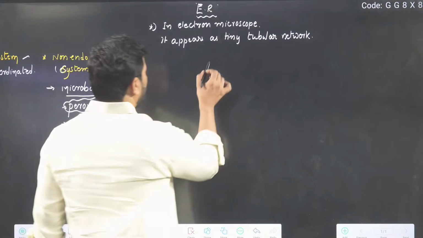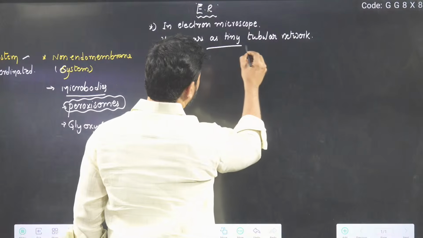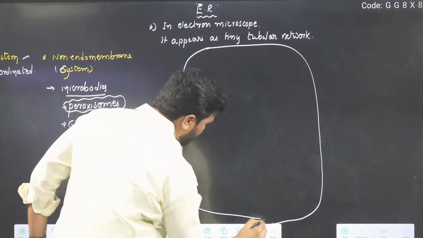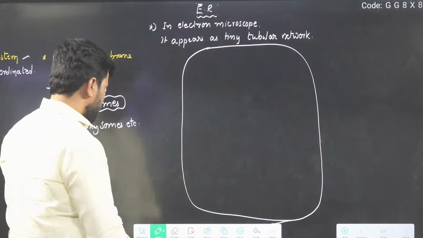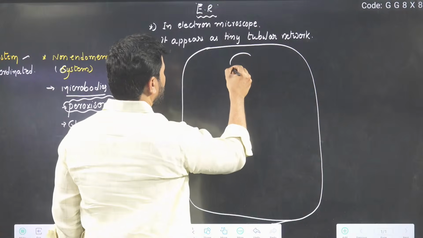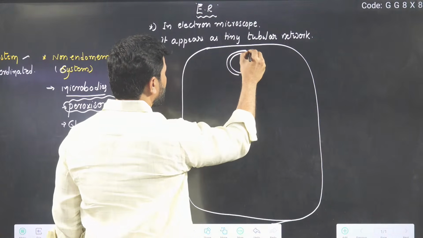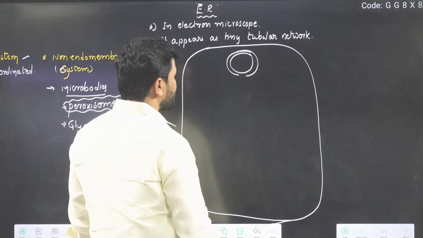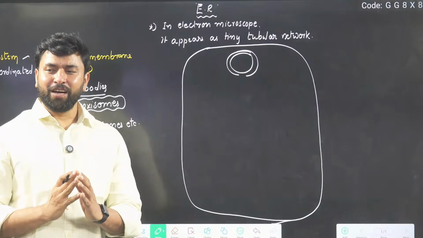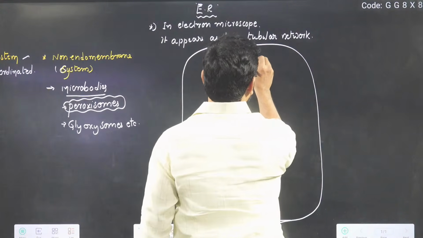Next, I'm going to show how it exactly appears inside a eukaryotic cell. Consider this is a eukaryotic cell. It has the main structure called the nucleus. I'm taking a small nucleus here, but don't think the nucleus will be smaller than the remaining things; for requirement, I have chosen a small nucleus here.